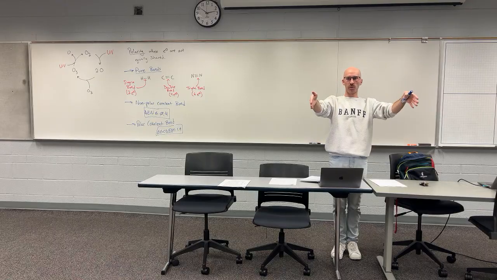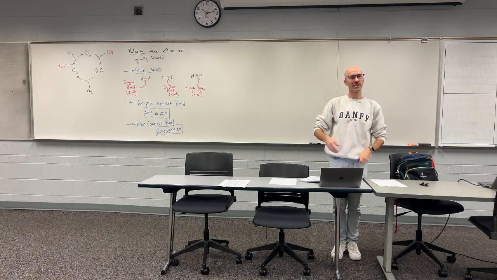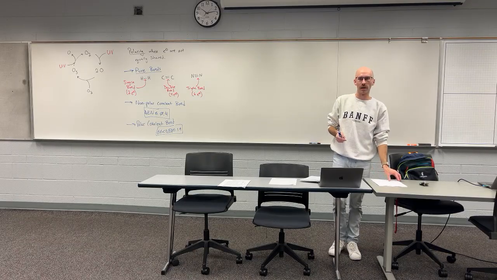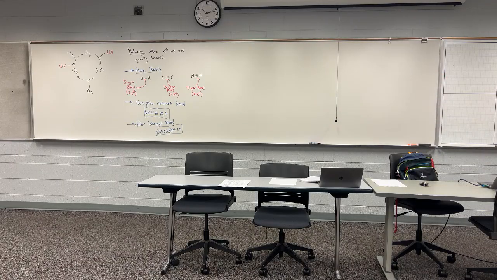From this point to this point, we call it a polar covalent bond. And if the difference in electronegativity is greater than 1.9, we have one other bond type. And we already addressed it. Do you remember the first bond type we looked at in this module? The ionic bond. If the discrepancy between these atoms is so large, they don't share electrons at all. And we say that it becomes ionic.